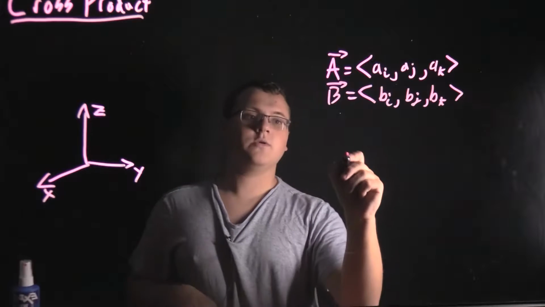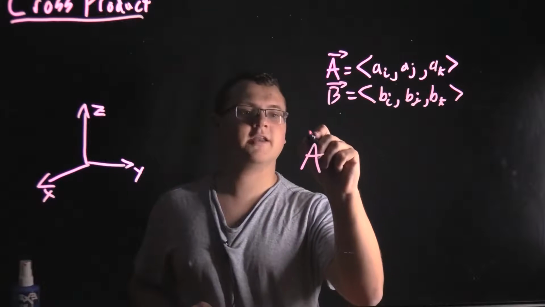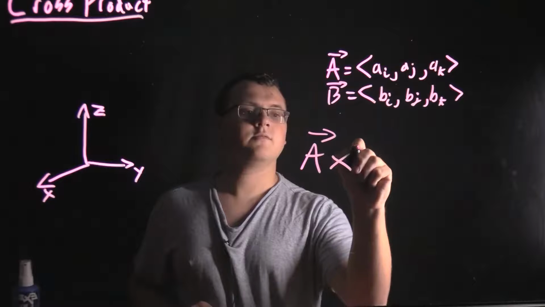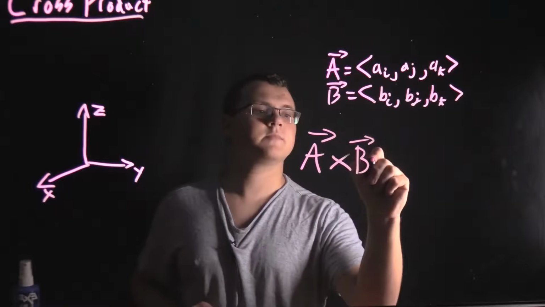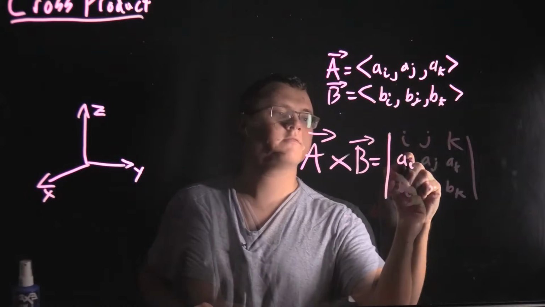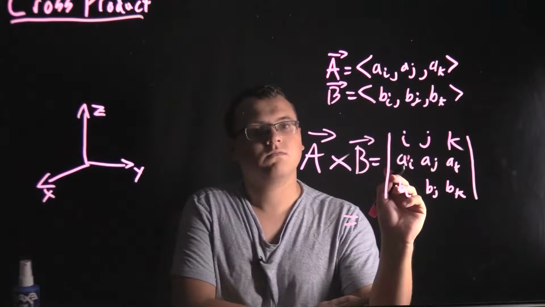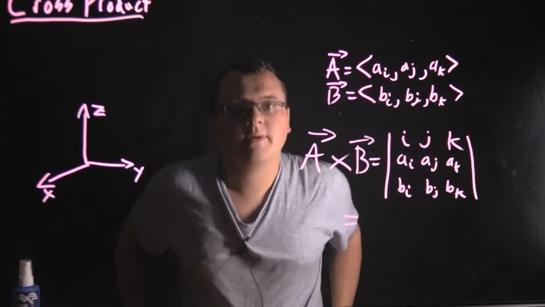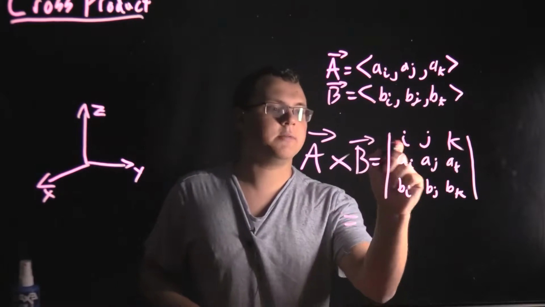To get the cross product of it would be to find the determinant. So for this determinant, we will do it across the top line.